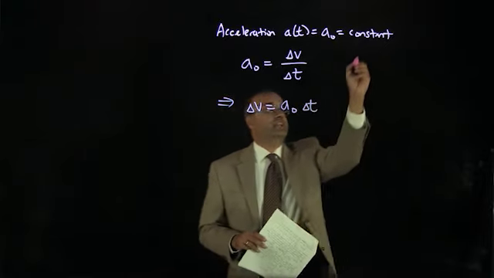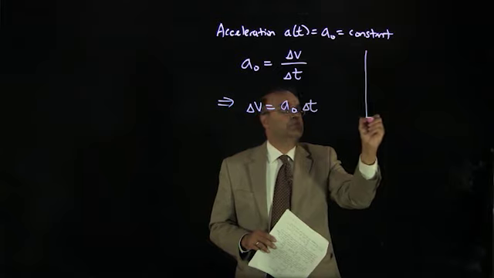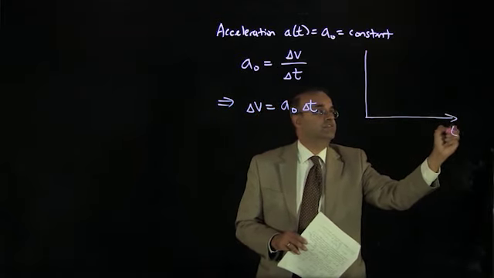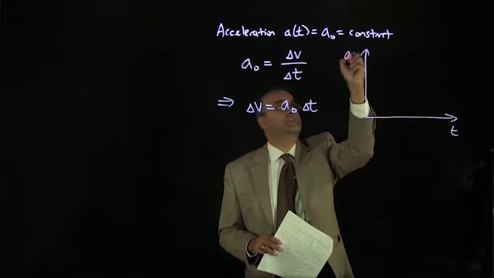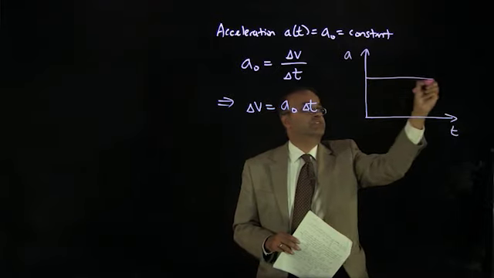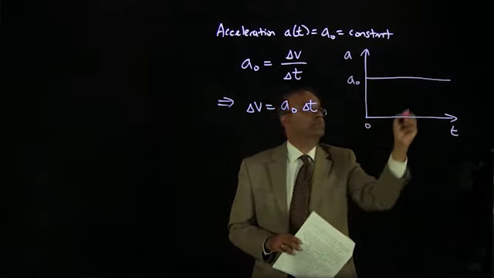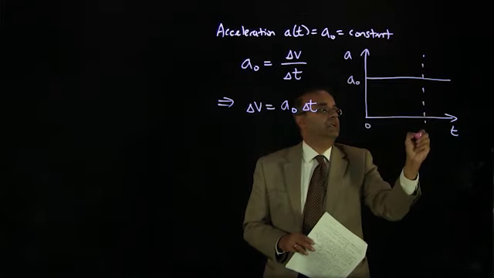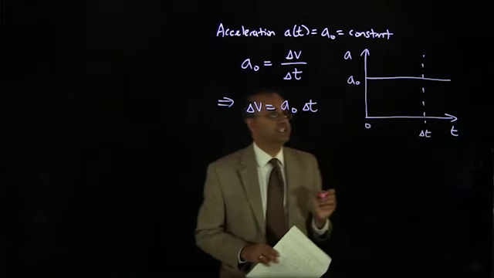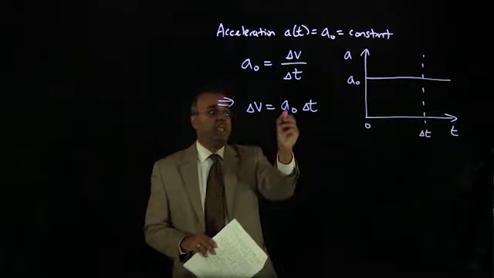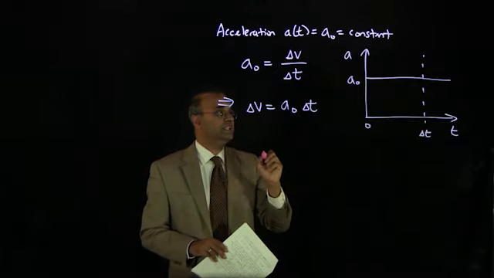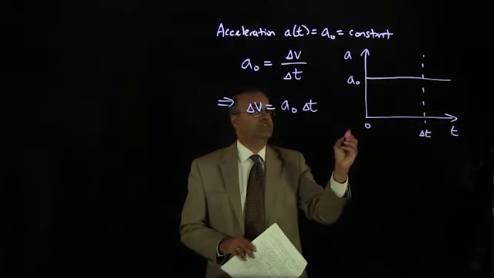And we can see this graphically if I plot acceleration versus time. Here's my constant acceleration, a naught. Let's say this is time 0, and here's the time, delta t. The change in velocity, a naught times delta t, is just the area of this box.